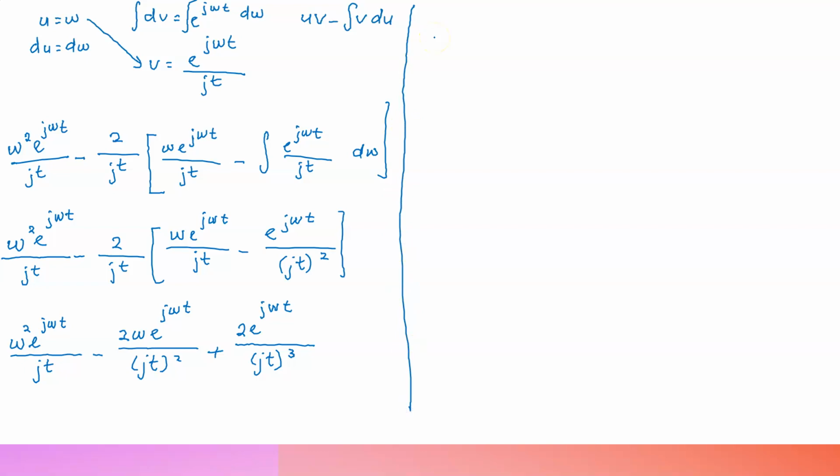I multiply this one by (jt) square, and this one by jt. So I will get omega square e^(j omega t) times (jt) square, minus 2 omega e^(j omega t) times jt.